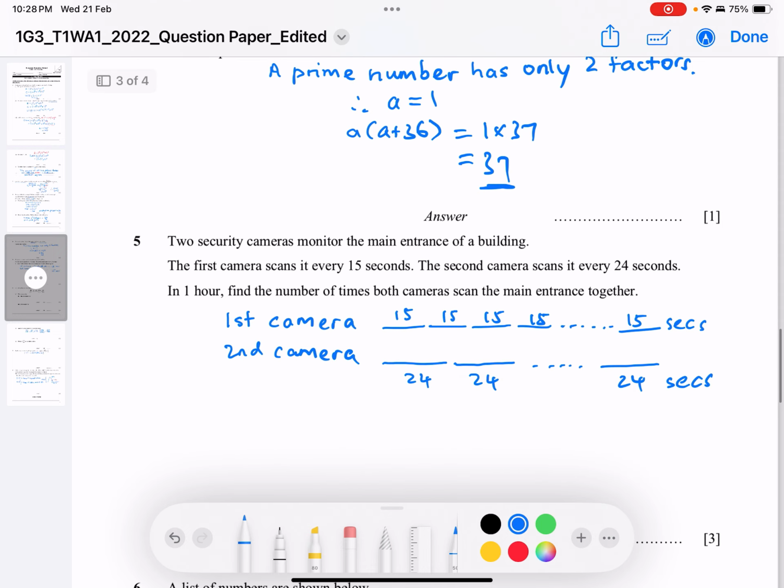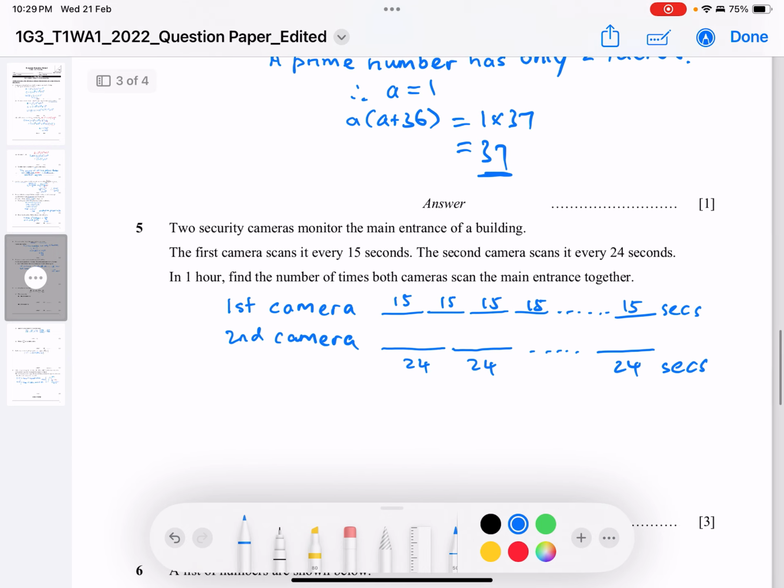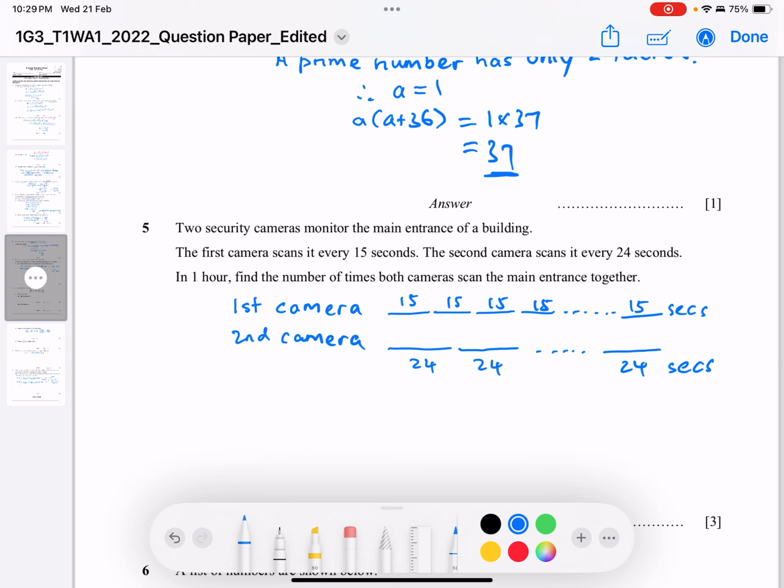In number 5, we have a sum that has intervals. Usually such a sum is an LCM sum, because what we need to do is to find the length of time that is common to both cameras. So to find the length of time, which is a bigger number, we have to find the LCM.